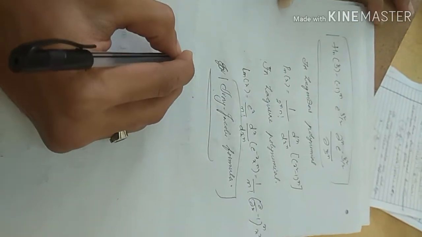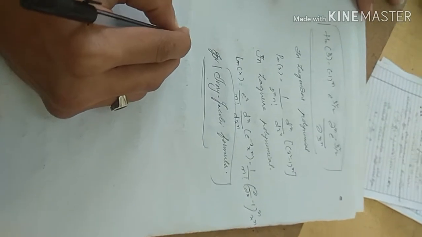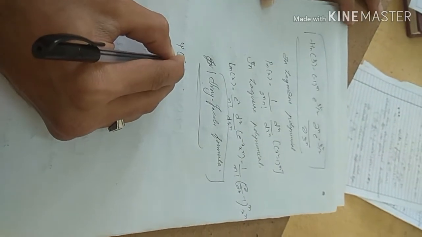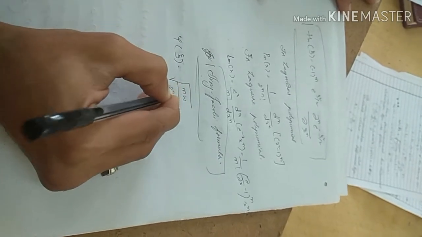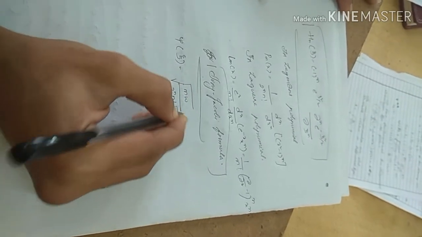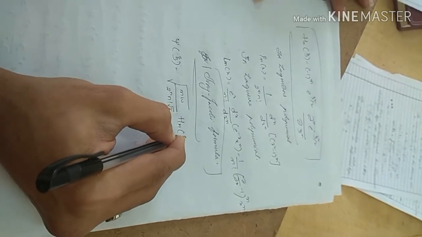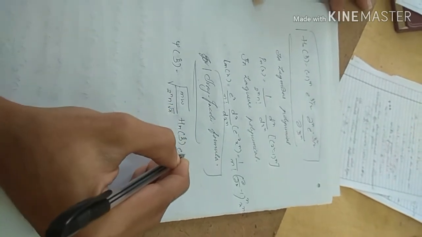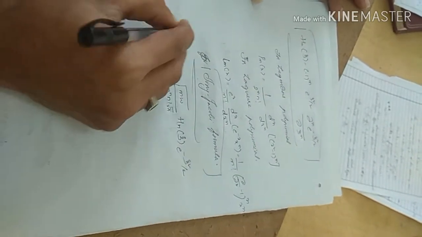By taking the relation of the Hermite polynomial and the wave function, we get psi n is equal to root m omega by 2 to the power n into n factorial root pi, Hn of xi, e to the power minus xi square by 2.